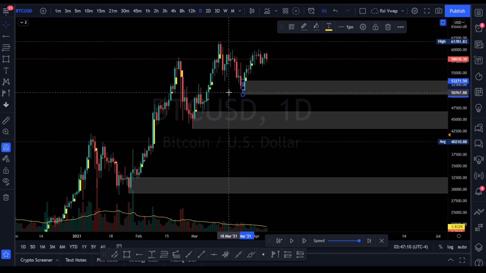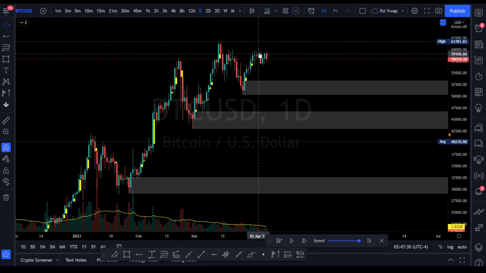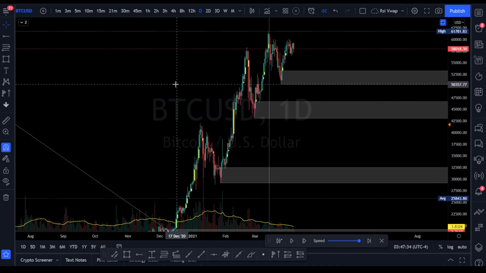Order blocks are where the big money blocks price from moving in one direction, and this is generally the area where you see money change hands from dumb money to smart money, or smart money dumps in the bearish scenario to the people FOMOing in. But now we've identified our three main order blocks on this current move up.